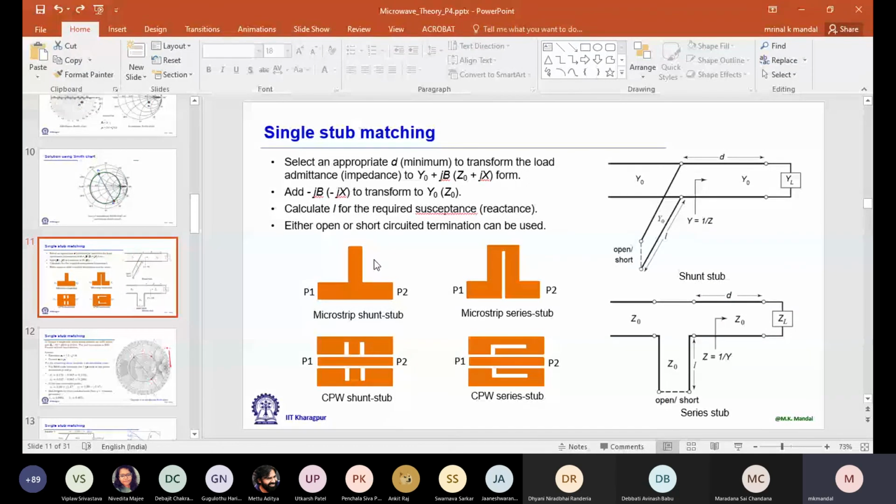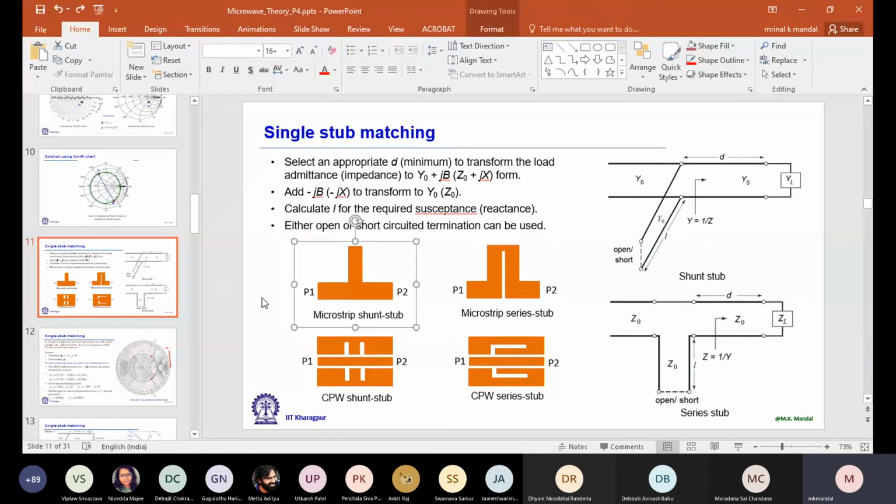So when the other end is shorted and the electrical length of the stub is less than 90 degrees, then the input impedance is inductive. Anyway, so this first diagram shows this shunt open stub, and this second diagram represents a microstrip line series stub.